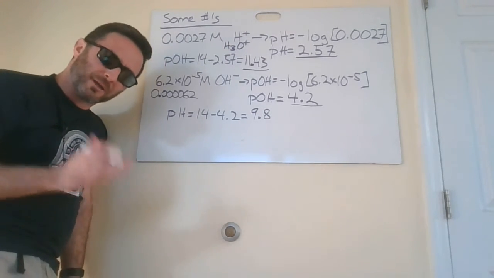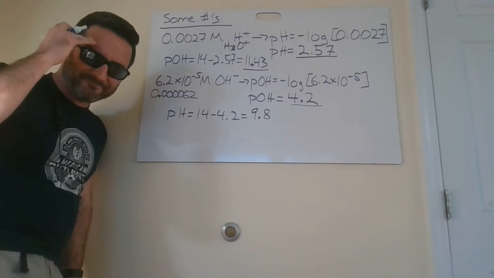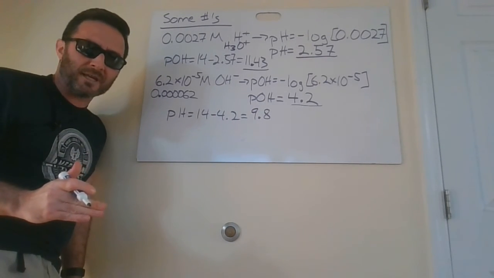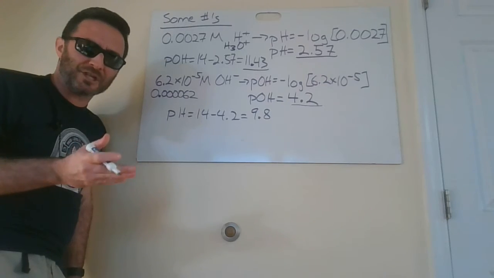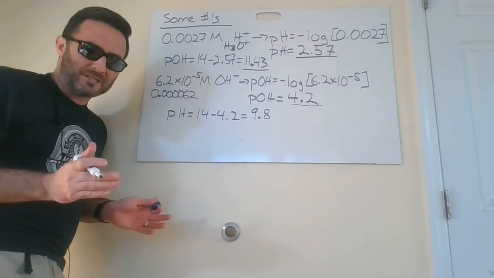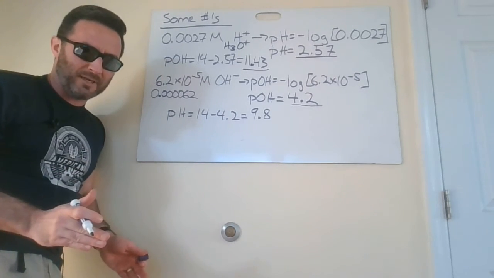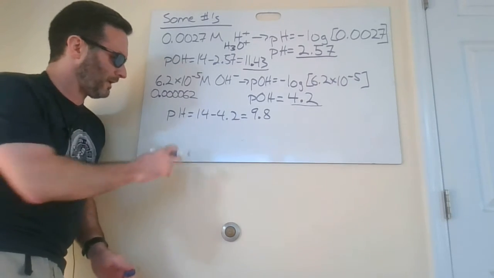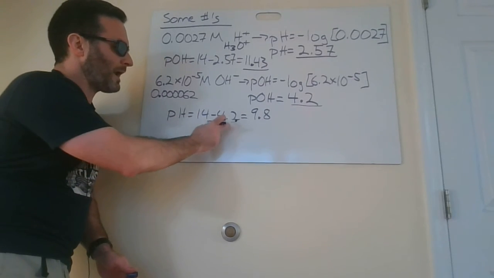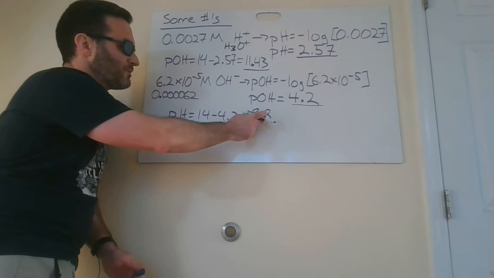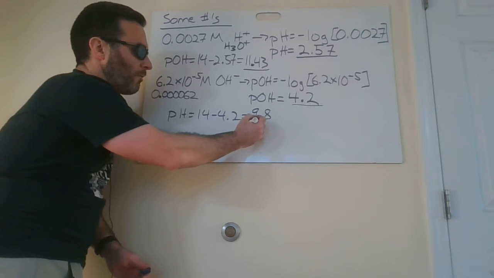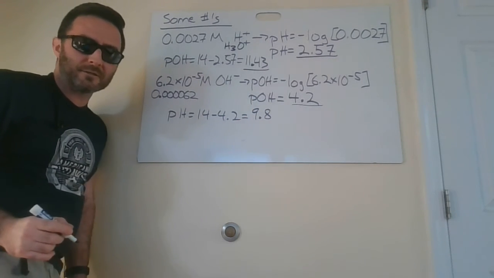We don't talk pOH a lot, and you're like, that's a little bit confusing. Can I put that in pH? Because I'm used to thinking of acids and bases on a 14-point pH scale. Absolutely. 14 minus the pOH gives me pH. That's a pH of 9.8.